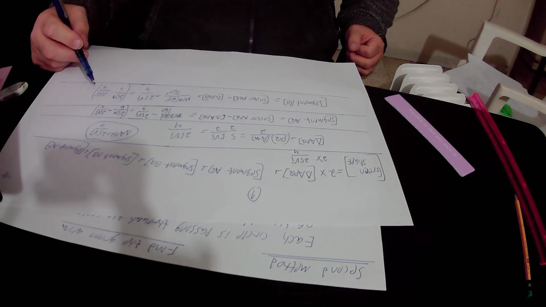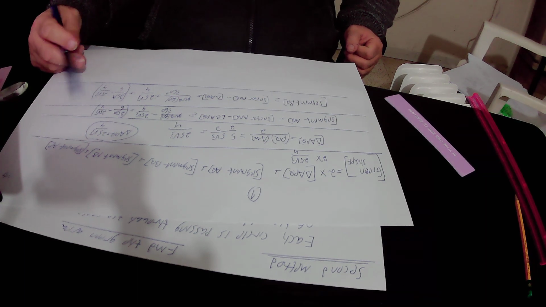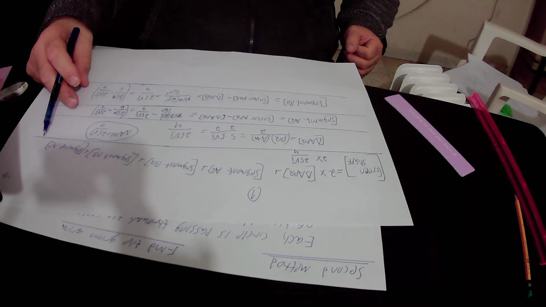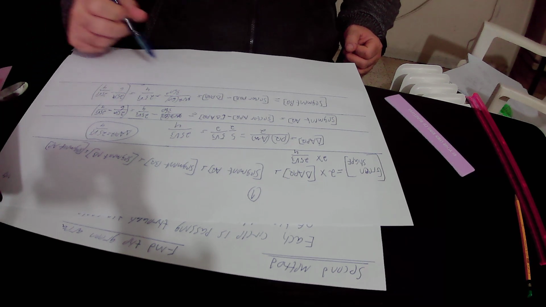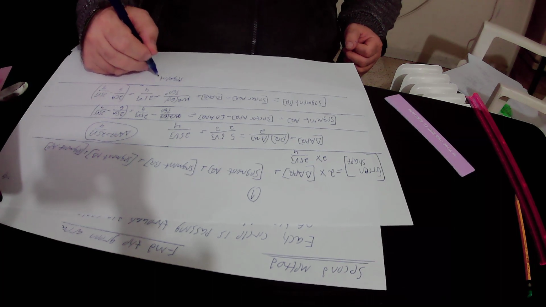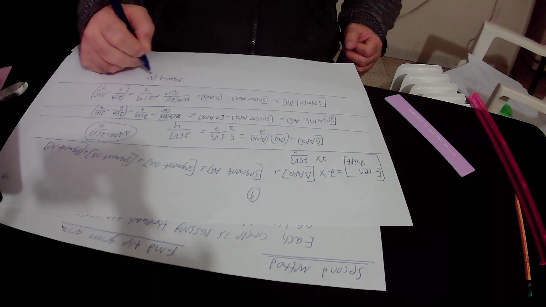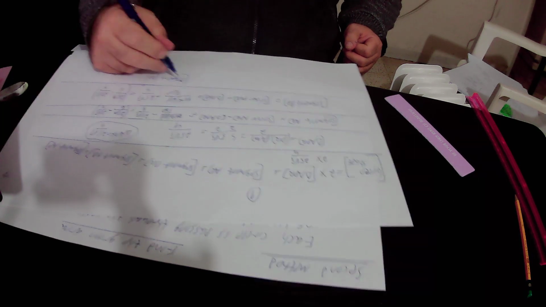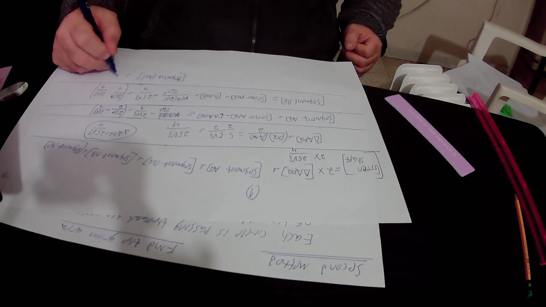So as you can see here, the area of segment AQ also equals 25 pi over 6 minus 25 times square root of 3 over 4. So the area of segment AQ equals the area of segment BQ.